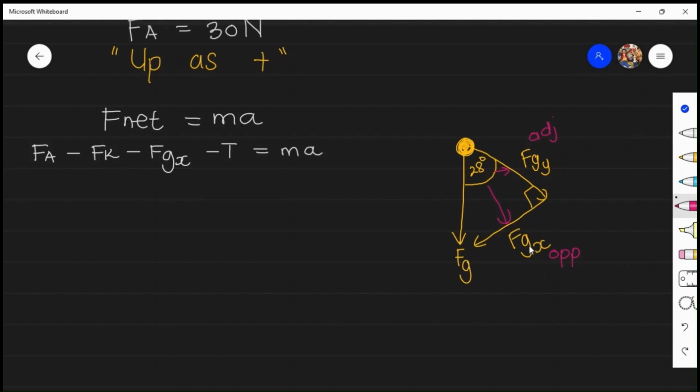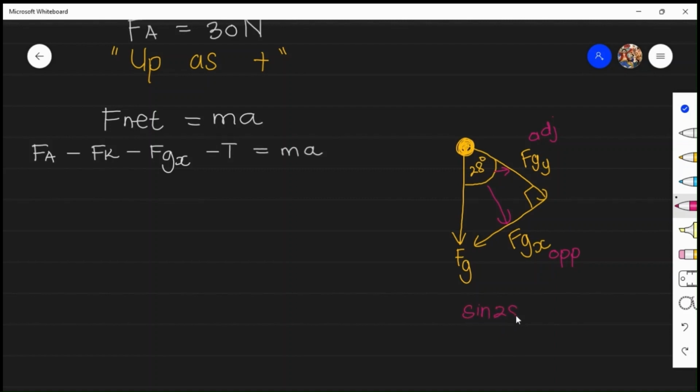That is important because it indicates whether we are going to use sine or cos. If it's in the opposite position, we are going to use sine. If it's in an adjacent position, we are going to use cos. The formula comes from our trig ratio. Because it's in an opposite position, I'm going to use sine.